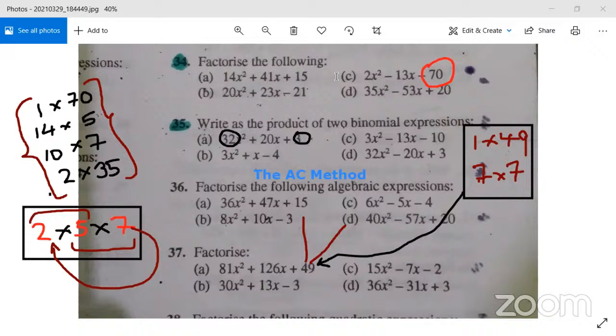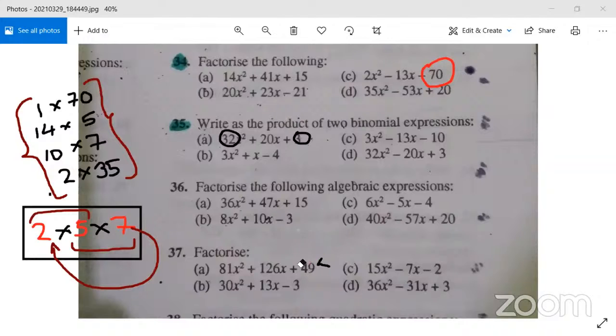The reason why it's referred to as the AC method is because just as how you would have y is equal to mx plus c, or plus b, depending on where you're learning mathematics culturally, for the quadratic expression, we have ax squared, bx, and c.